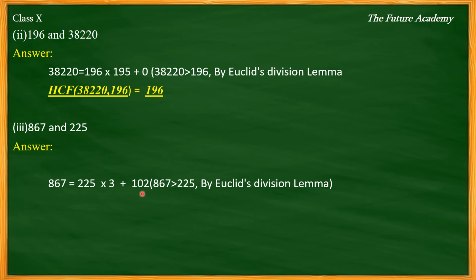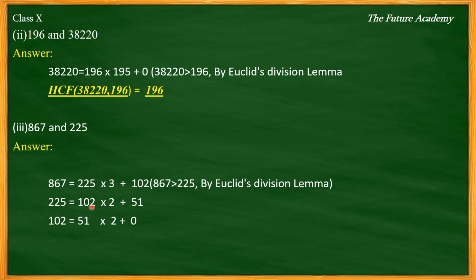Since the remainder is not 0, we have to divide this 225 by 102. So we get 225 is equal to 2 times 102 plus 51. Even though the remainder is not 0, we have to continue.